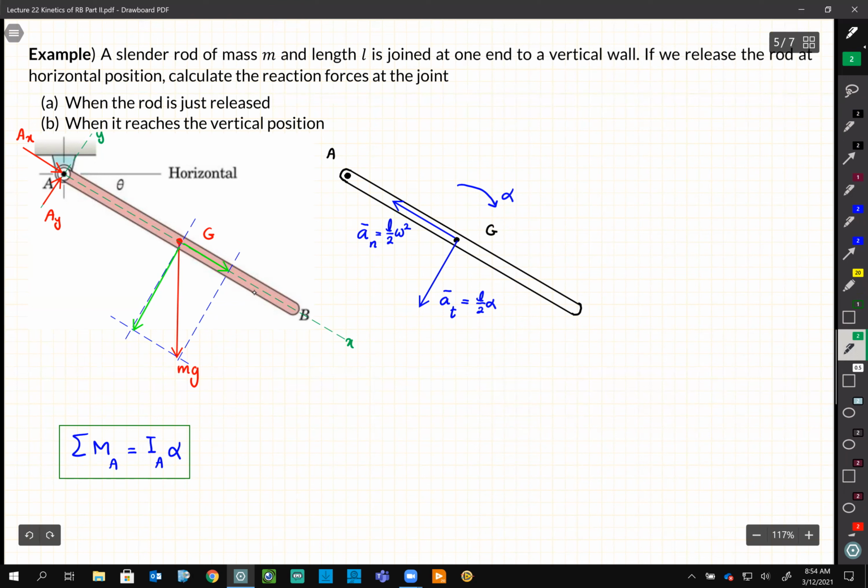If that angle is theta, this angle has to be theta. So this is mg sine theta, and correct me if I'm wrong, and mg cosine theta multiplied by its distance, which is L over 2.